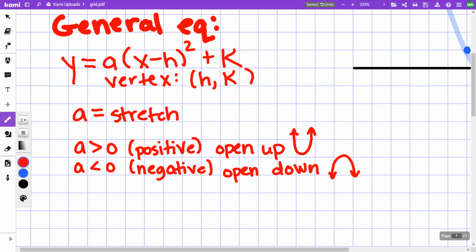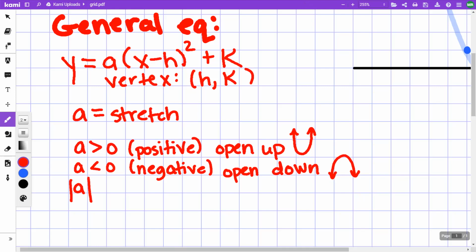Then, besides it being positive, knowing it opens up, and negative, knowing it opens down, we also have the a changing it to being wider or narrower. So if your a in absolute value, the reason I'm putting it in absolute value is because if it's a positive 2 as a stretch or a negative 2, they both will be the same width, but one will open up and one will open down.